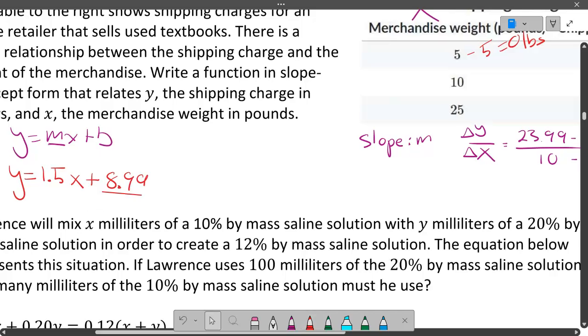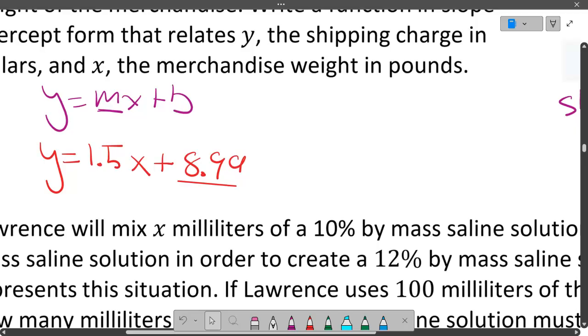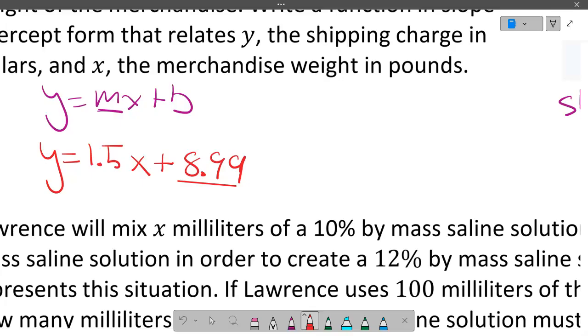And there's our model that we can now use to predict any cost based on weight. I want to ship a package that's 12 pounds. I plug it in for x, and now I know the cost for 12 pounds. If I want to know it for 37 pounds, I plug in 37, and now I know the cost for 37 pounds. Does that make sense? Okay, so there's our model.